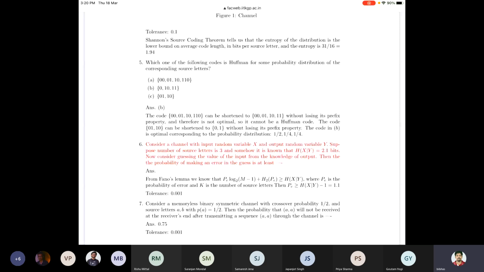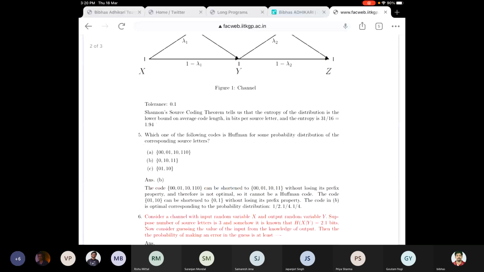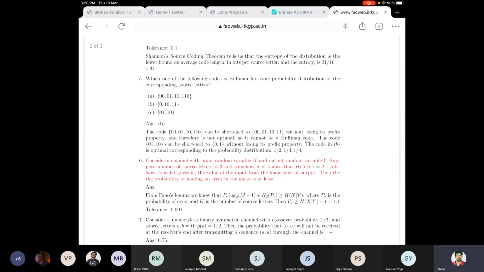The problem is with the others, because I cannot change the answer as there is a problem in the data. But anyway, I am considering that. For example, in question number 6, it is coming as 1.1, which is meaningless, but I'm considering that okay. This was my mistake. Instead of 2.1 bits, I should have taken 1.1 bits. I didn't notice that.